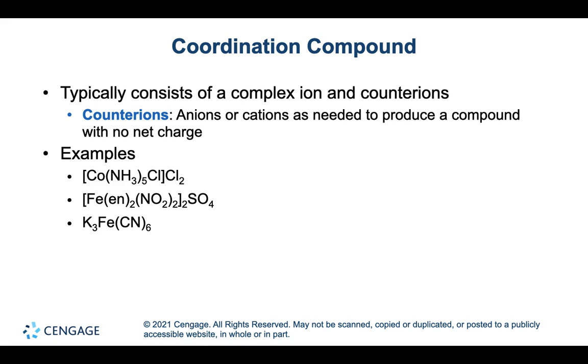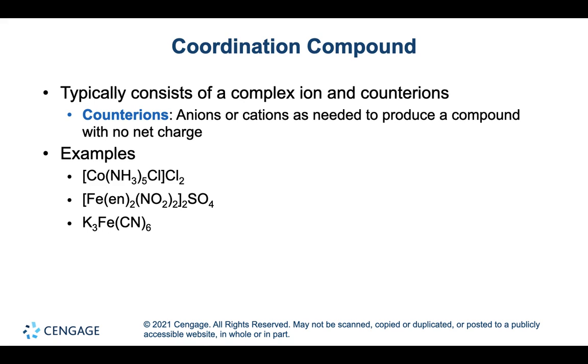And then outside the square bracket, we see the 2 chlorides, which are the counter ions to the cobalt, which is +3. And then you have the Cl- inside the brackets. So the whole complex ion, cobalt with 5 ammonias and 1 chloride, has a +2. And then you have the Cl2 outside, which are -2.